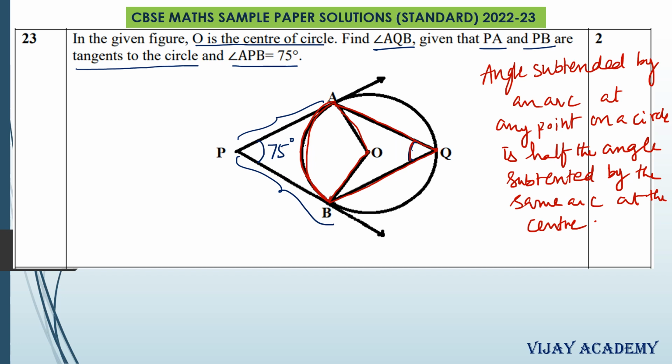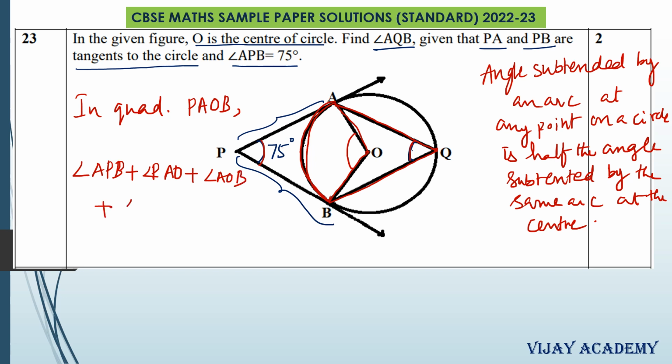Now how is this angle AOB related to angle APB? So we can apply the angle sum property of the quadrilateral PAOB. So we can write that in quadrilateral PAOB, let us apply the angle sum property, that is angle APB plus angle PAO plus angle AOB plus angle OBP is equal to 360 degrees. Write the reason, angle sum property.